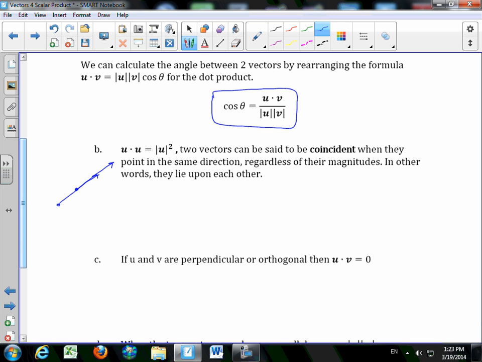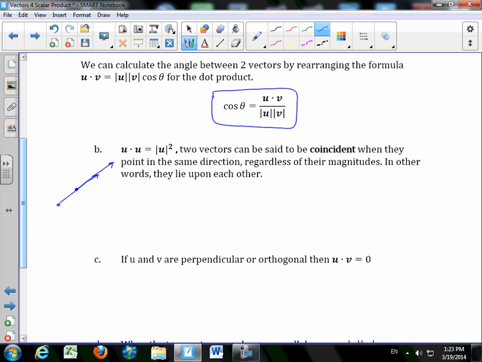You learn about that when you do systems of equations, 20 SP or 30 SP. You have dependent, independent, and inconsistent. Dependent is when they're the same. Another way of saying dependent is coincident, and that's when they're on the same line.